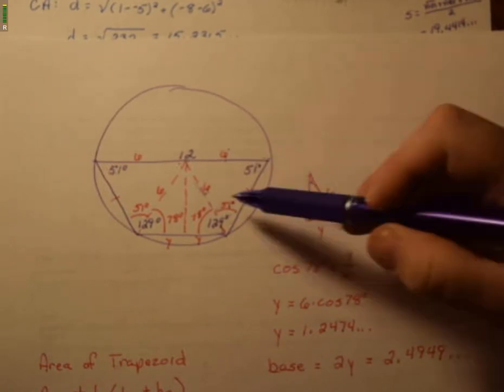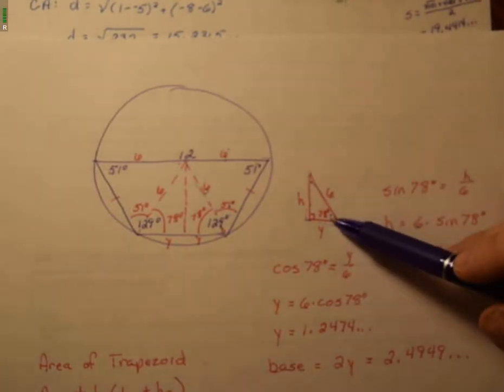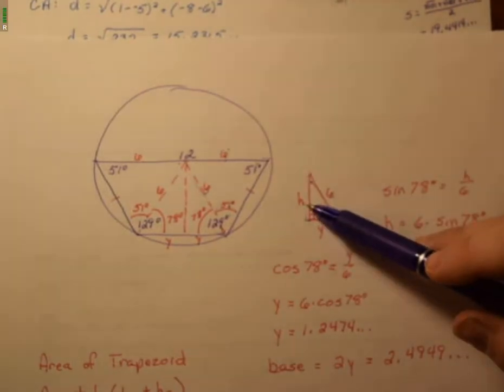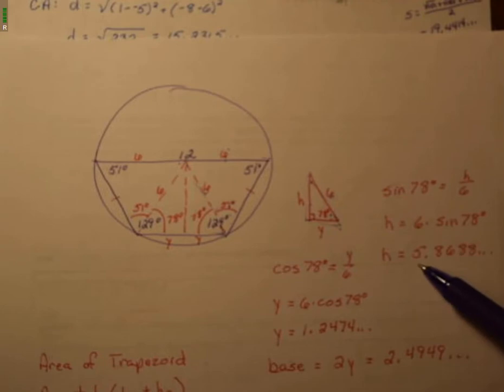We need to know the height of the trapezoid. Sine is opposite over hypotenuse, so sine of 78 degrees is h over 6. Multiply both sides by 6, and I end up with 5.8688 and so on for the height of the trapezoid.